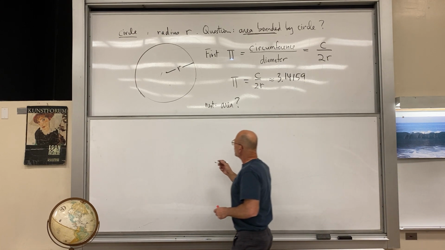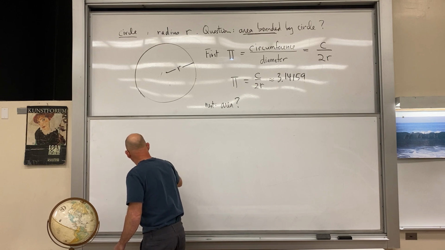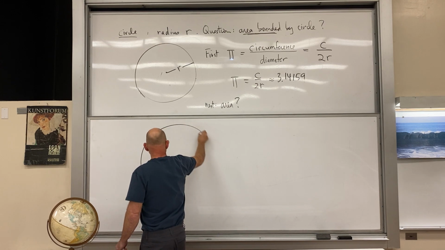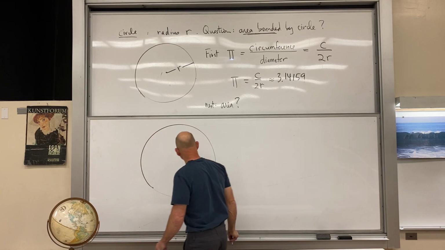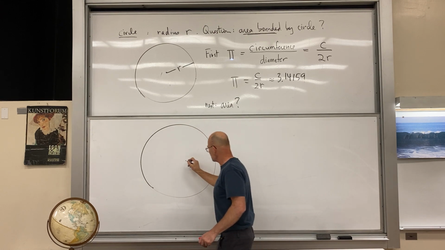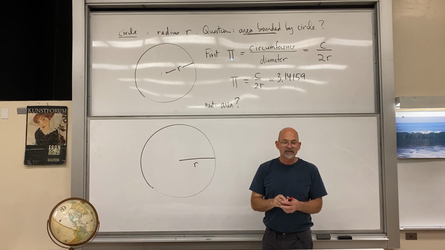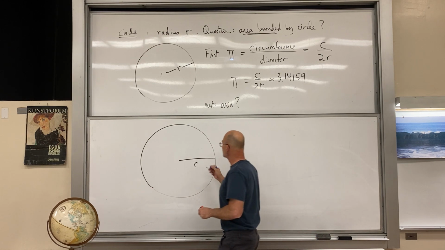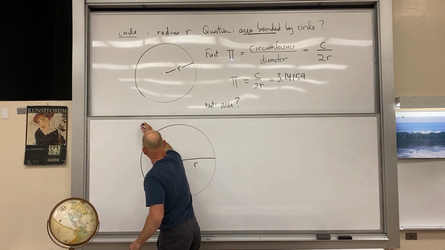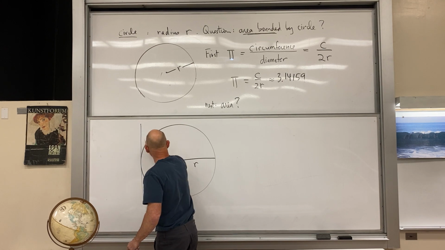So what we're going to do is another nice circle here. You have a radius r, and we're going to do an estimate by putting this circle inside a box.